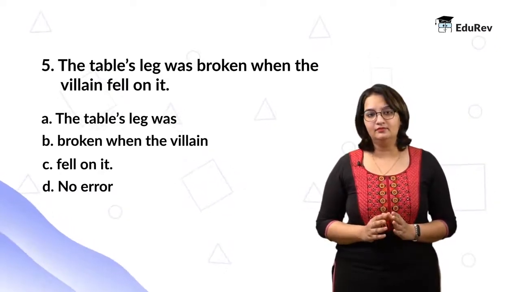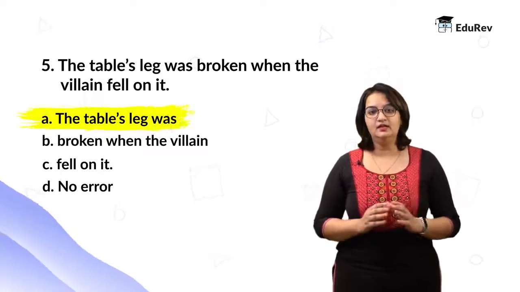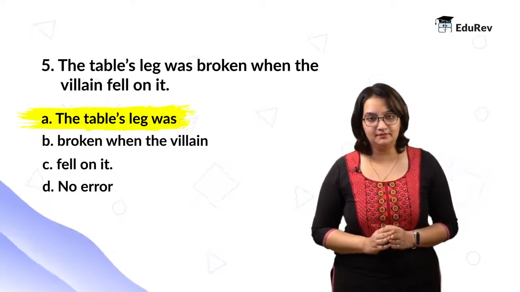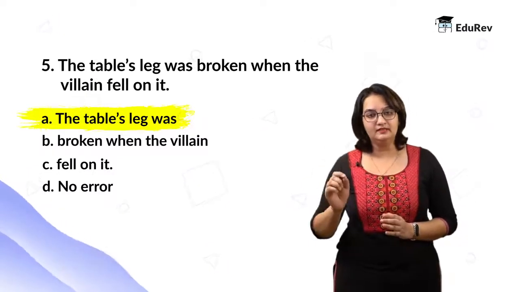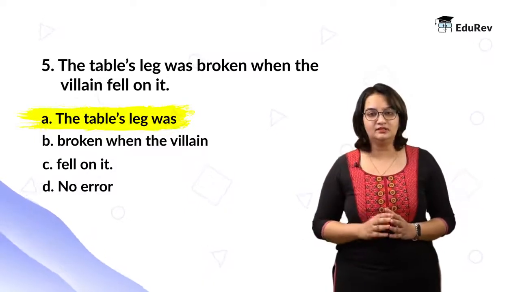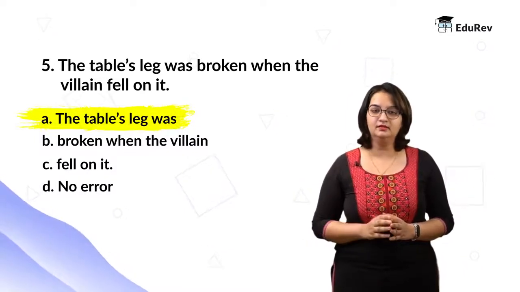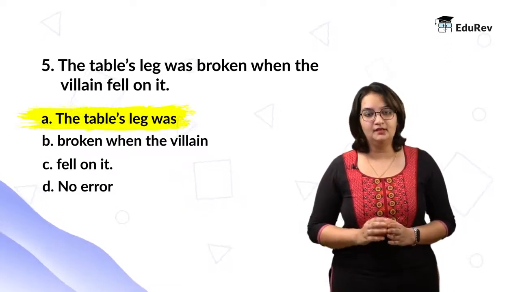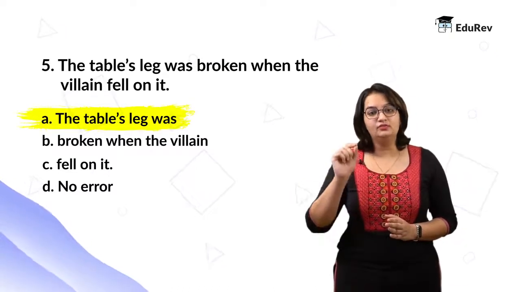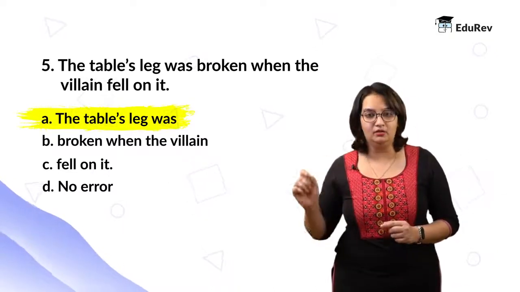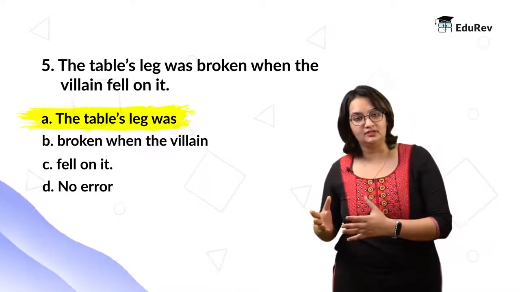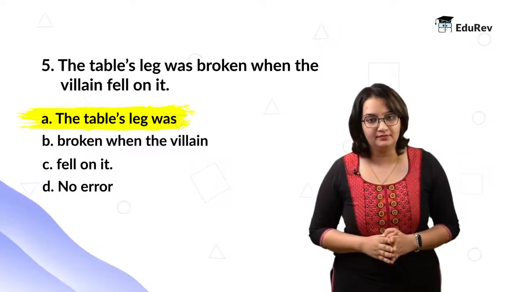Here in the statement, when we look at the first part of the statement, we see that the table's leg is being mentioned. Whenever we use apostrophe S, we use it to show some kind of possession. For example, the cow's tail, the mosquito's buzzing, or Rajni's car. Here, the most important rule to remember is that we use apostrophe S only when we are talking about animate objects, because only animate objects can exert some kind of possession on the surroundings they have.